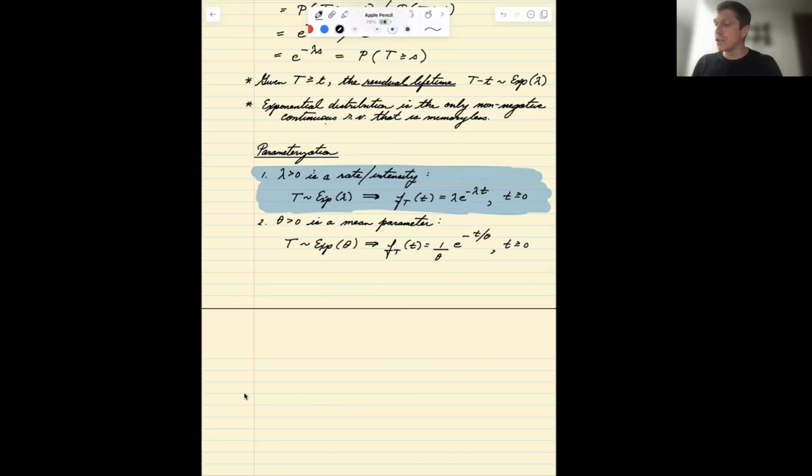It's always good to make sure that when we specify a distribution, we specify the probabilities or the densities, because some authors would write the same exact notation, T is distributed exponential lambda, T is distributed exponential theta, meaning two very different things. So be aware that there are two different parameterizations. Of course, they're mathematically equivalent: theta is 1 over lambda, or lambda is 1 over theta. But we have to be careful that we're agreeing on the convention.